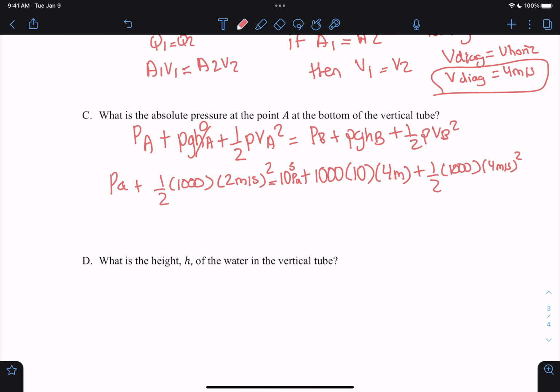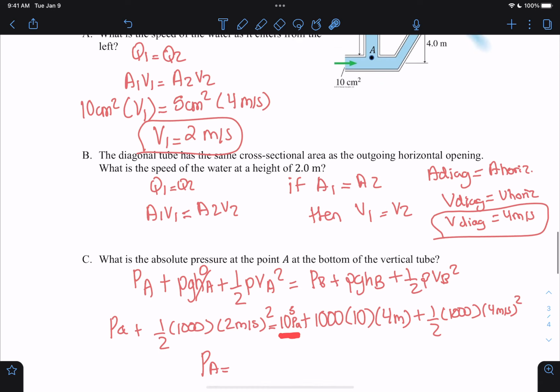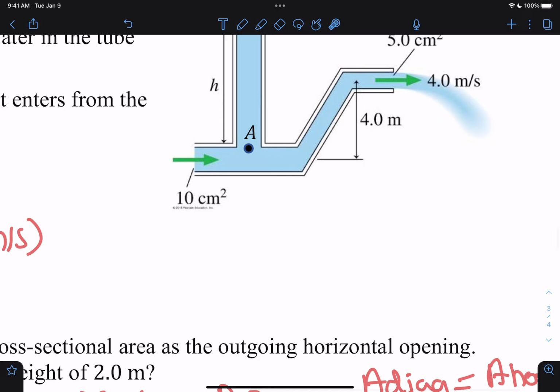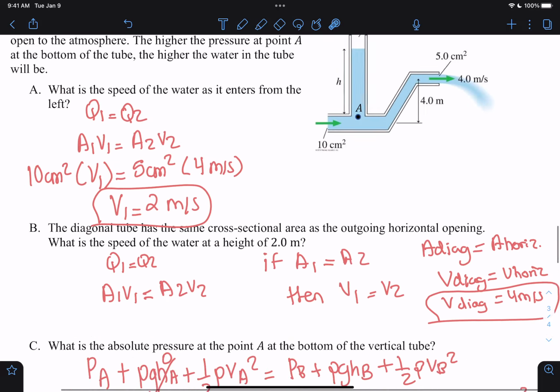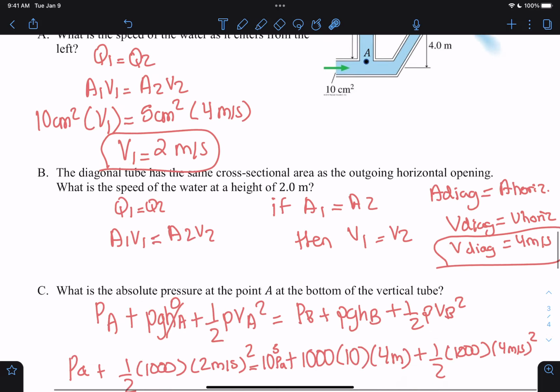And so if we add all of this stuff up and solve for PA, so we have this atmospheric pressure at point B, because it's in contact with the air here. Then we add it to rho GHB plus half rho VB squared, set it equal to this left-hand side here, which is the pressure at A plus the dynamic pressure as well, right?